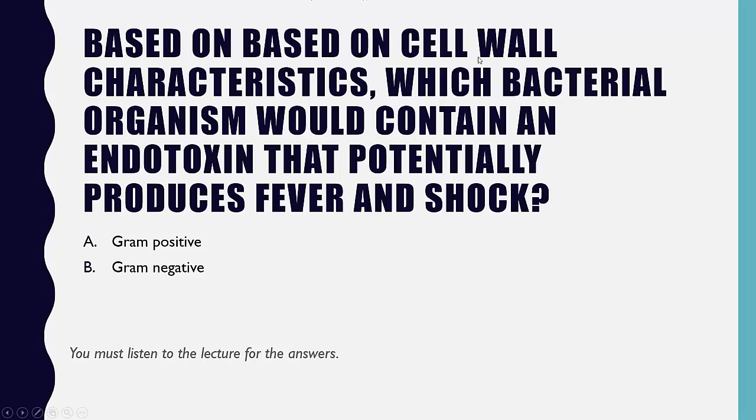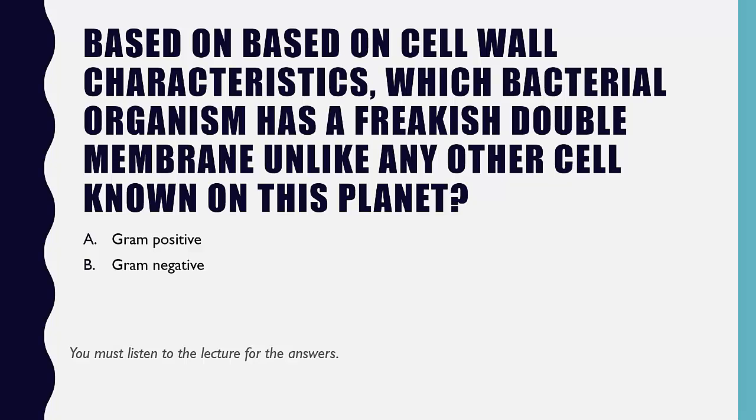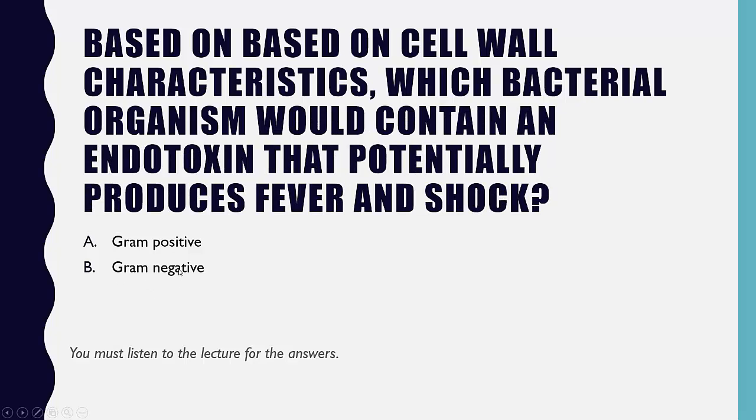Based on cell wall and cell envelope characteristics, which bacterial organism would contain an endotoxin that potentially produces fever and shock? Gram negatives. Right. And what do we call that endotoxin? LPS. Good. Gram positives, and remember, it's also antigenic. Gram positives have teichoic acid.